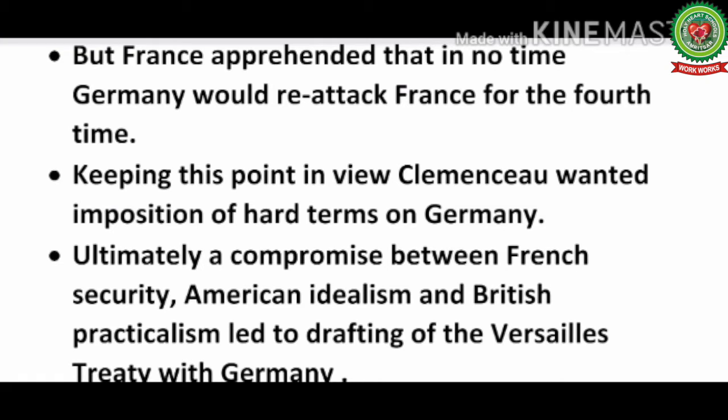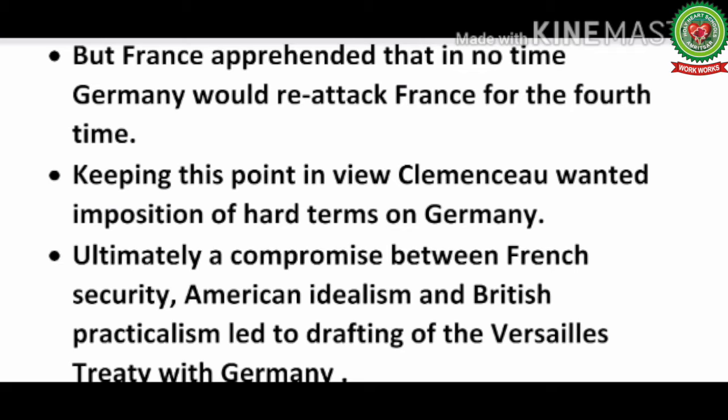France, who had been the traditional enemy of Germany, feared that with the passage of time, Germany would again become powerful and would attack France for the fourth time. So, Clemenceau, who was the Prime Minister of France, wanted some harsh terms to be imposed on Germany so that Germany could not attack any power in future.